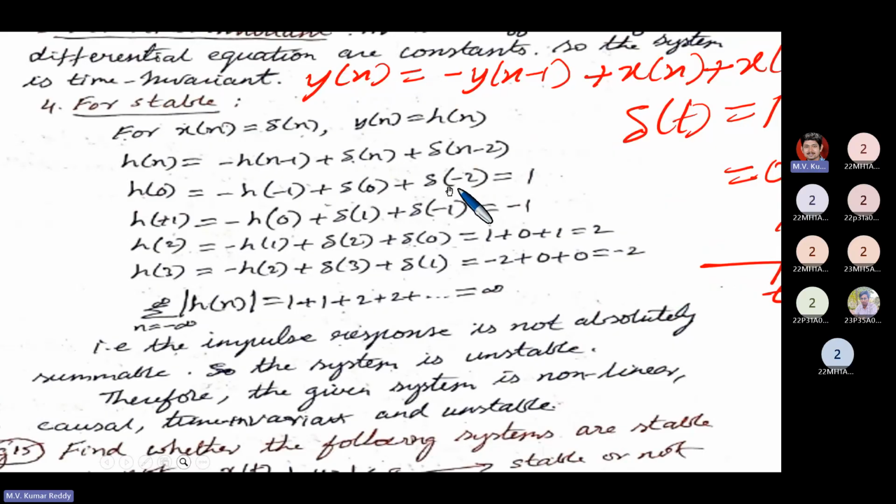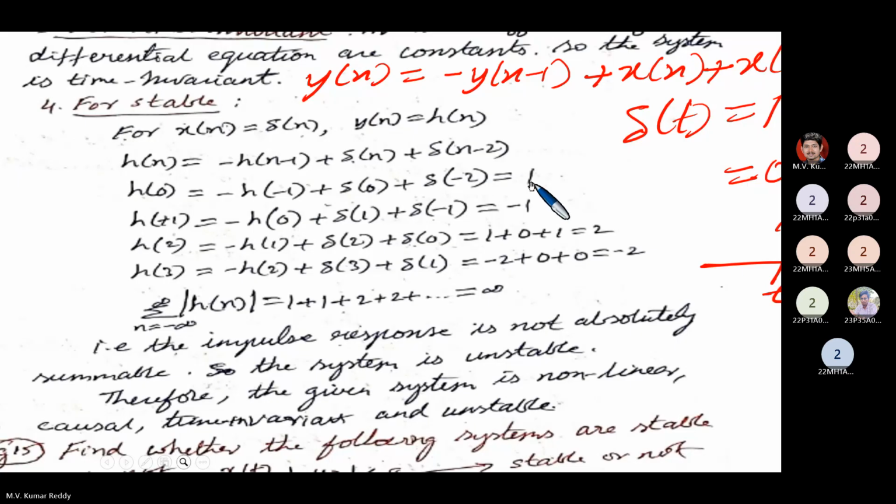Already we discussed that delta is 0 except at 0. So 1 plus 0, the value is 1. Now we got the new value: h of 0 is equal to 1.